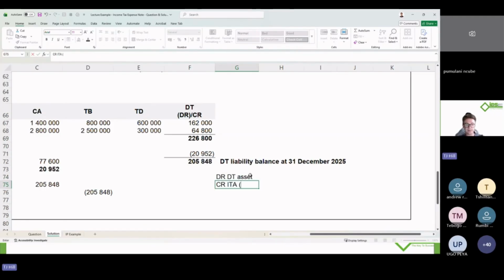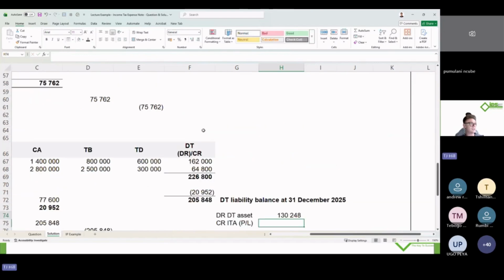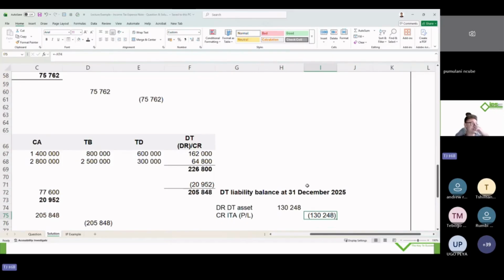Credit income tax expense, P&L. But what would the journal have been for the assessed loss though? Is it this amount or is it the movement? Deferred tax here will be the movement, don't you think? So it's going to be this year's balance minus last year's balance, which is the movement. Okay.